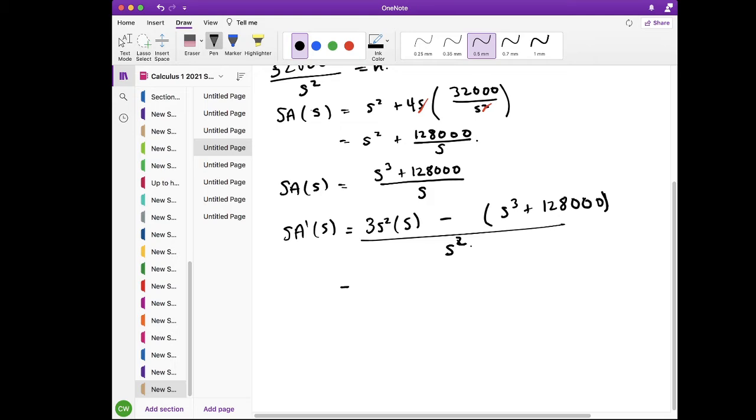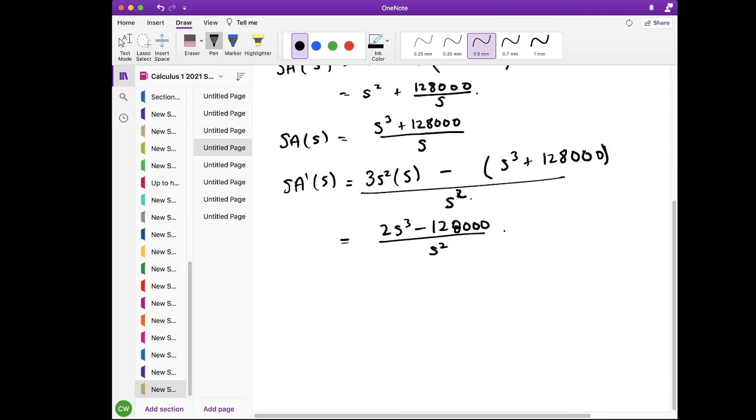Okay, so this is 2S cubed minus 128,000 over S squared. We have a 3S cubed here, and then a minus S cubed makes 2, and then minus 128,000. Okay, so let's factor out the 2.